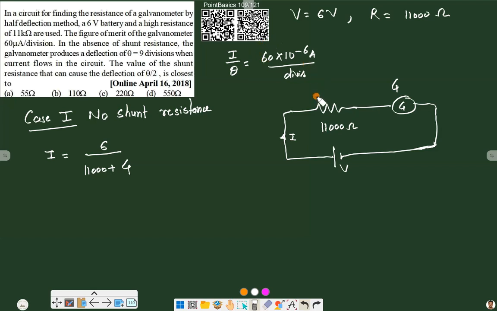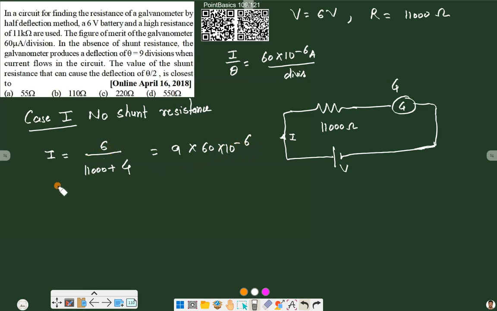If there are 9 deflections in the galvanometer, we can say that the amount of current flowing in the circuit according to galvanometer should be 9 times the current required to produce unit deflection. Unit deflection is produced by 60 microampere current, and we are having 9 deflections, so this value should be equal to 9 into 60 into 10 raised to power minus 6.